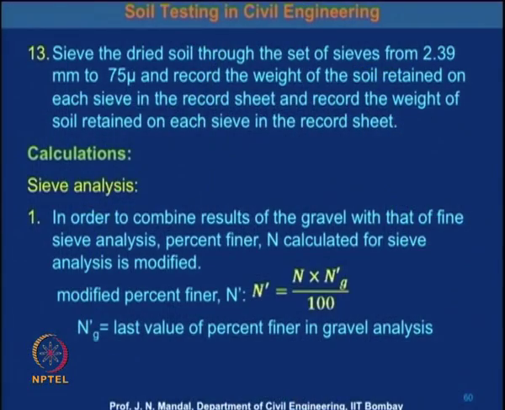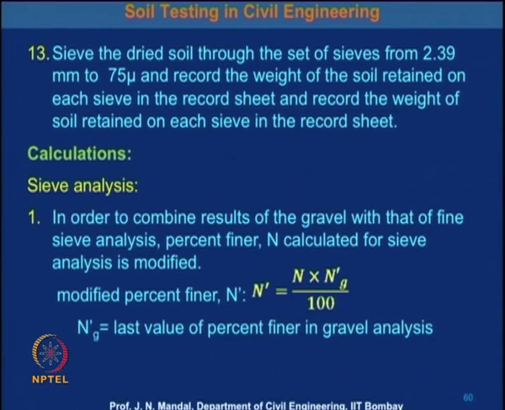Sieve the dry soil through the set of sieves from 2.36 millimeter to 75 micron and record the weight of the soil retained on each sieve in the record sheet.